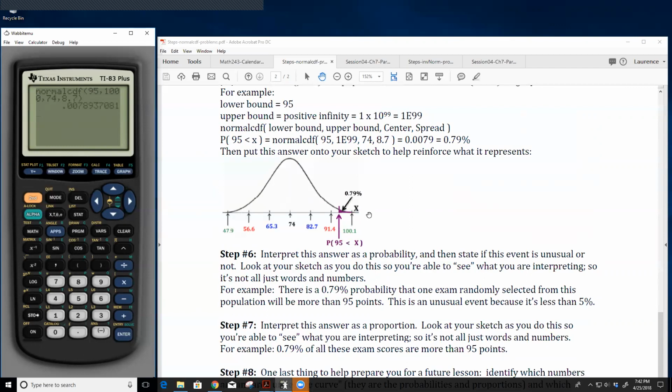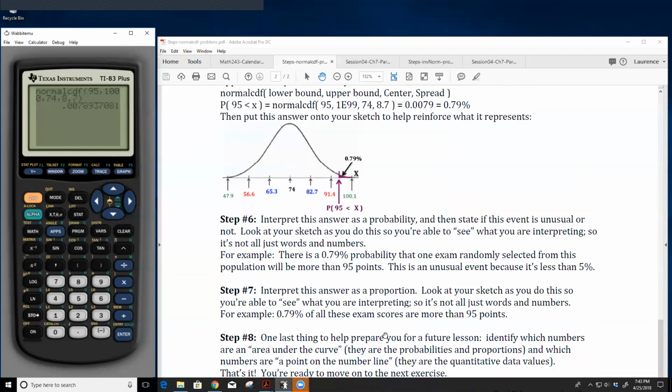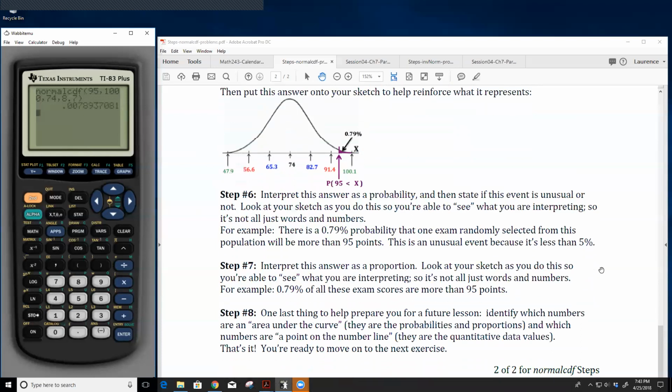Yeah, because if you're 5% or less, you're a small probability and you're considered unusual. Now, this is the proportion of the population that is larger than 95. So 0.79% of all these exam scores are more than 95 points.